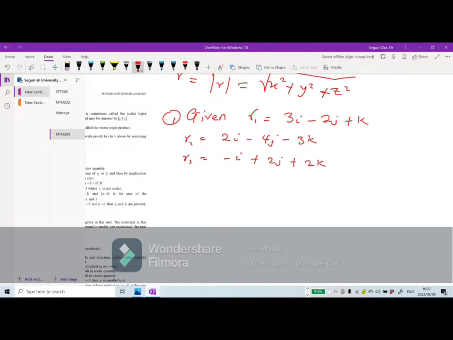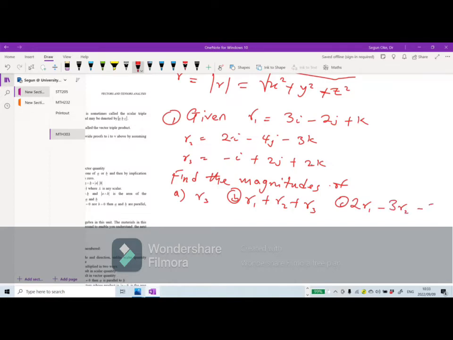The question says, find the magnitude of A, R3; B, R1 plus R2 plus R3; C, 2R1 minus 3R2 minus 5R3.